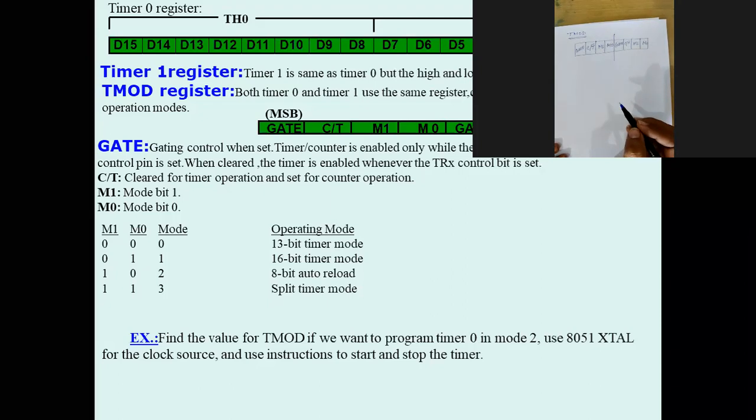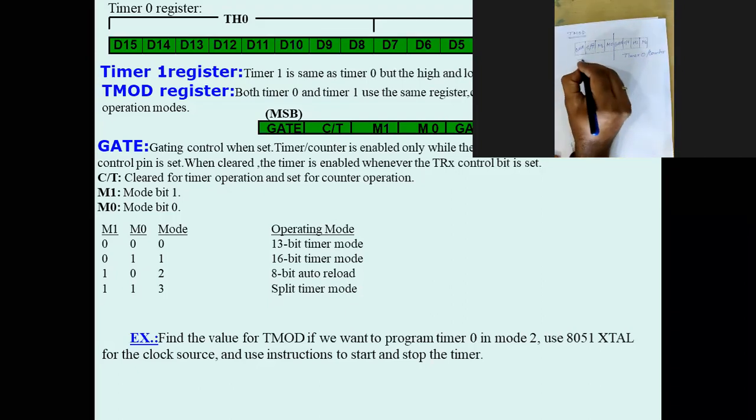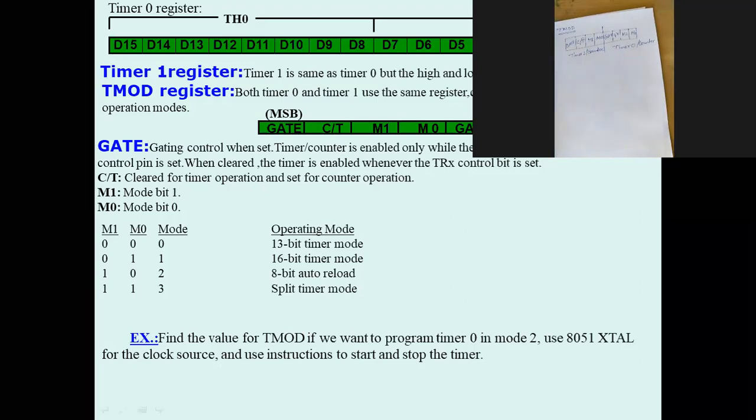Yes, we'll come to that. Obviously, what Aditya is telling is that this will act as timer 0 or counter 0, and this will act as timer 1 or counter 1. Is this the thing you are talking about, Aditya, or anything else? Yes sir. Okay.